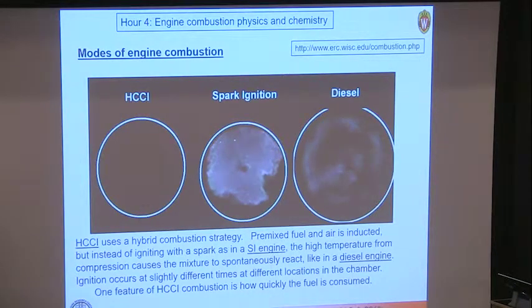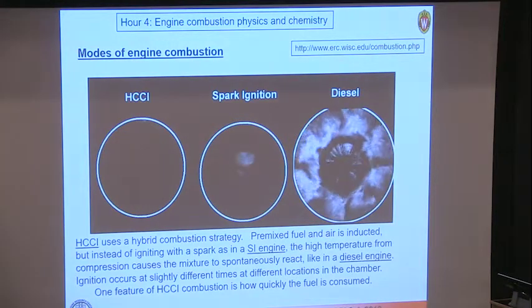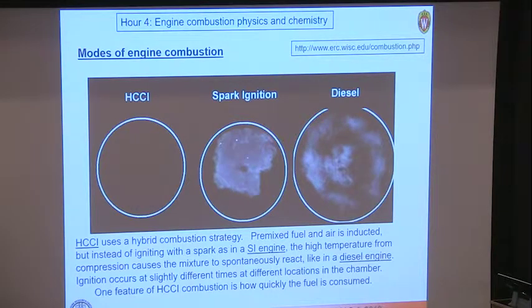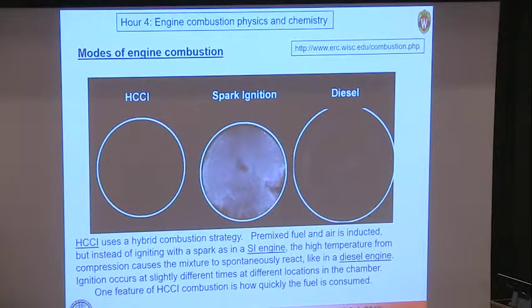With spark ignition, combustion starts at the spark plug and then spreads out via a propagating flame as it moves away from the spark area. And in diesel combustion on the right, we have injection of fuel. You should see the fuel jets appearing. Show that one more time.